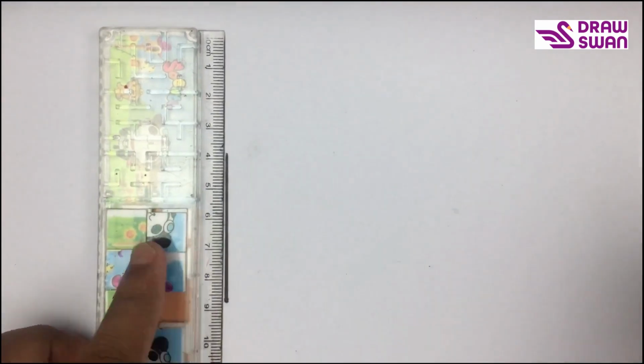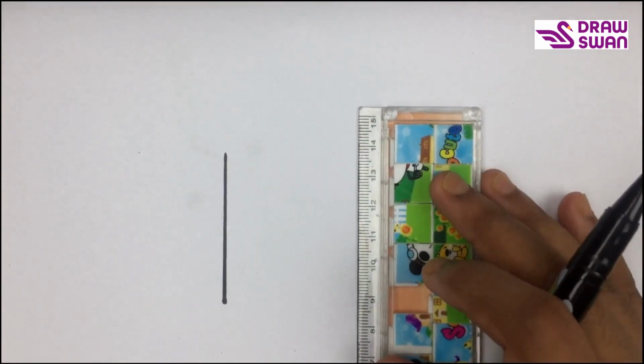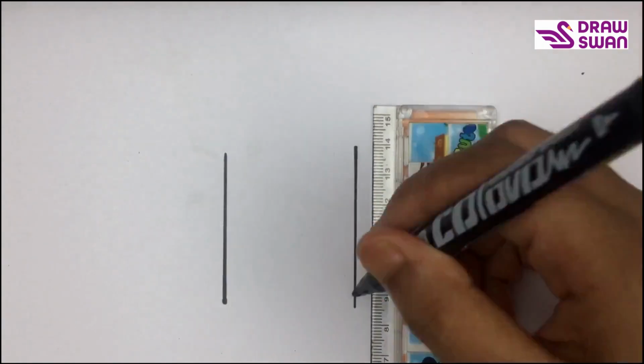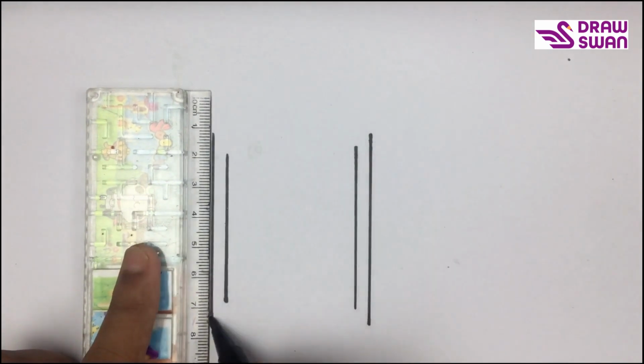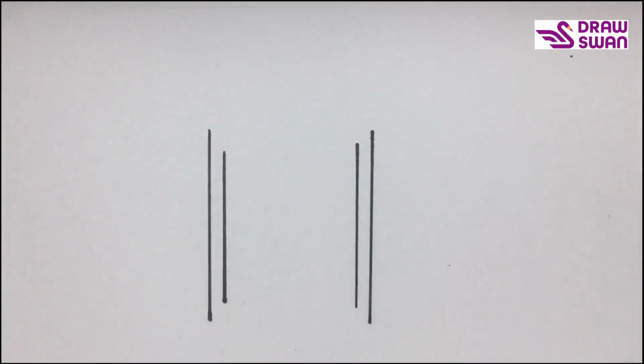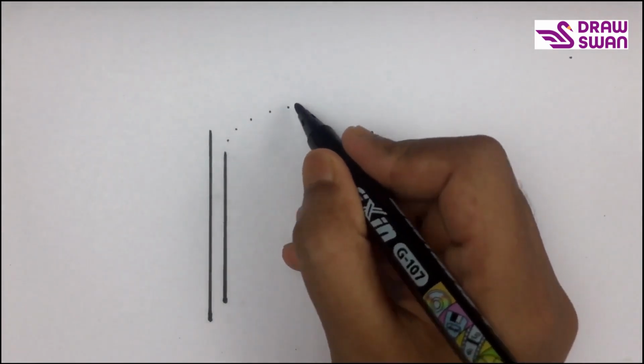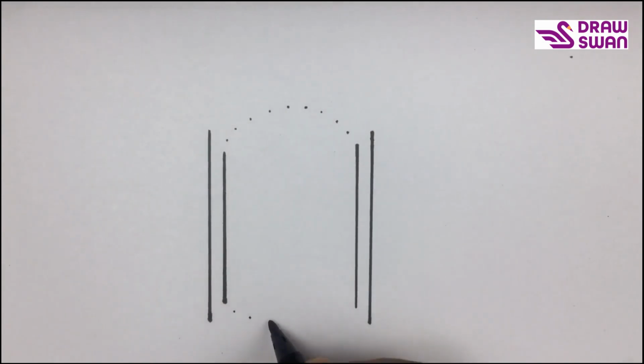So here's my black pen and my ruler to start the drawing. At the beginning you have to draw some straight lines, and now to join all the lines I'm following a trick, and that is the dot trick. This is really effective.